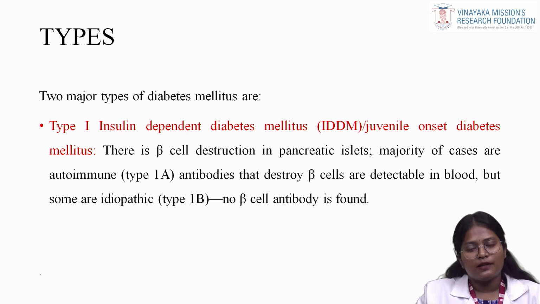Beta cells are responsible for insulin production in our body. So antibodies are produced and they destroy the pancreatic beta cells. If the beta cells are destroyed, insulin production will be reduced or insufficient, so that glucose cannot be managed. This leads to increased glucose level in the body, that is hyperglycemia.